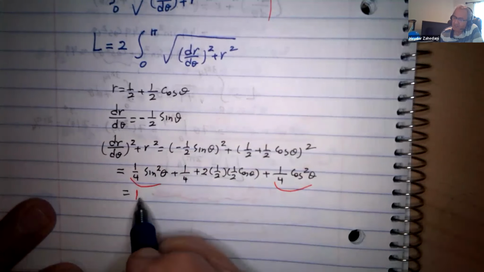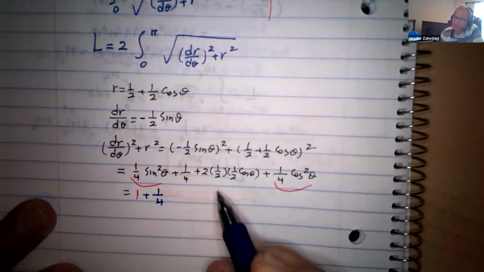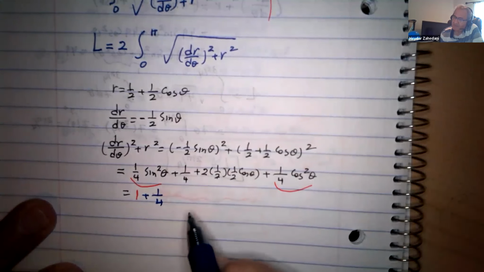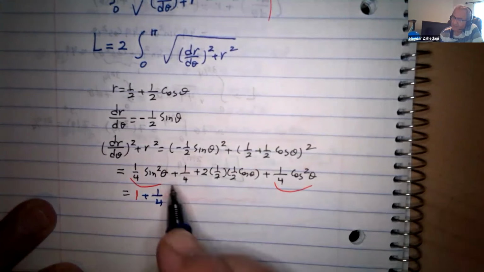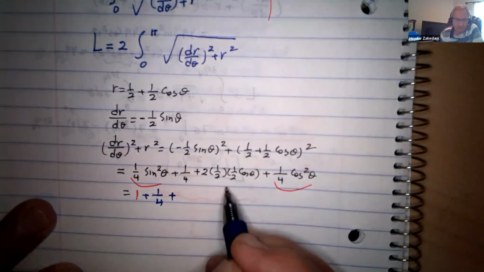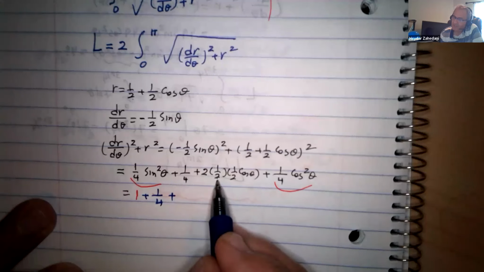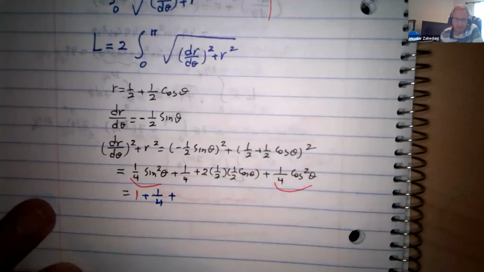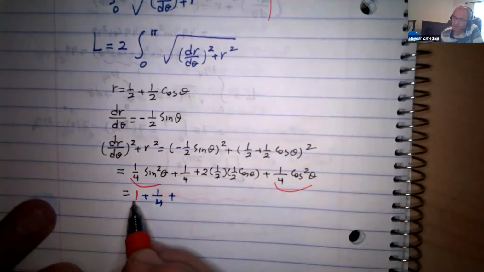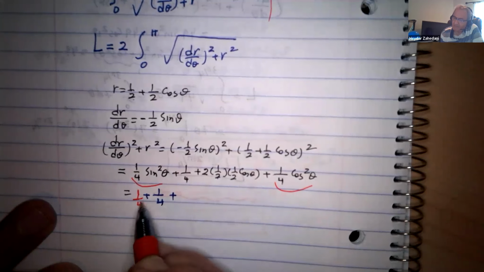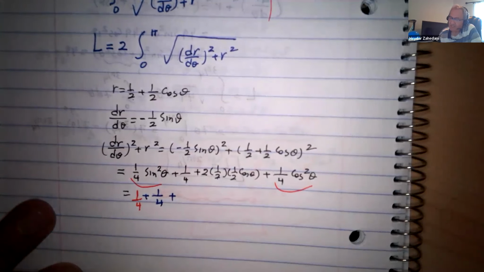Then you get a quarter here plus a quarter. The 2 and 2 would simplify, so these two would cancel out. You get a 1/2 of the cosine. Just checking, make sure I didn't miss anything. Oh, I missed something. Sine squared plus cosine squared would be 1. So this is a quarter. We factor out the quarter, so that would be a quarter times sine squared plus cosine squared.